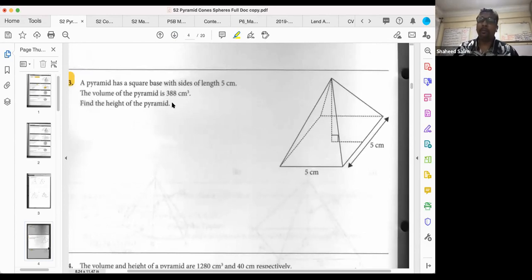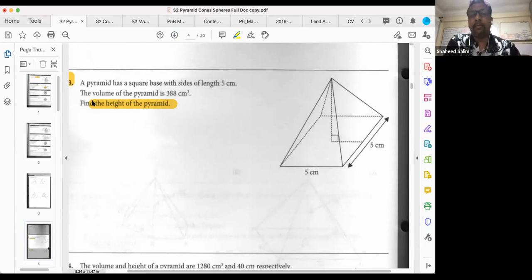Now we are supposed to find the height. If you are unsure, you write down the formula for the pyramid. You must memorize the formula: 1/3 times base area times height. That's all. Base area times height, as I told you, gives you the volume of a cuboid.